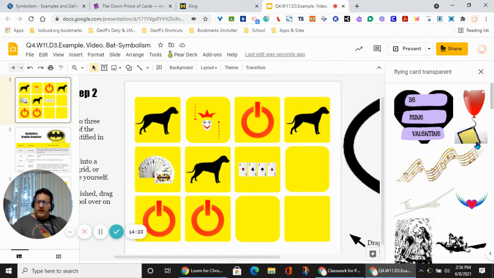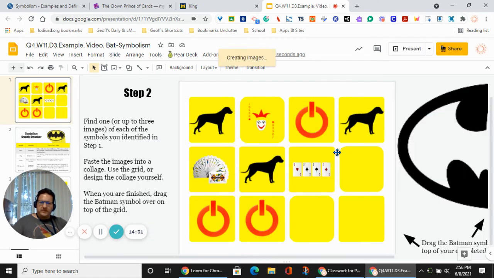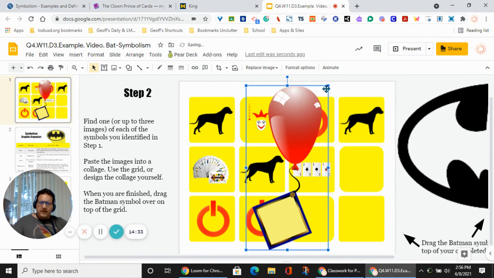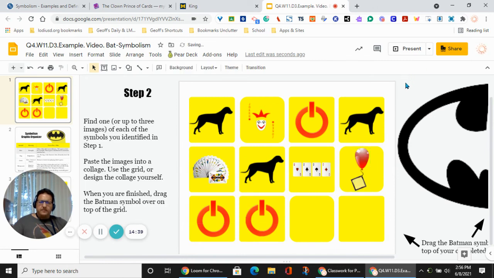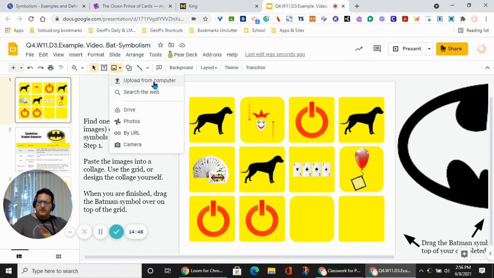And now I'm looking at flying card, and you know what? I may not find anything that's going to work, right? It's kind of very particular. But sometimes you'd be surprised. Here's what looks more or less like a flying card. So I'm going to use that.